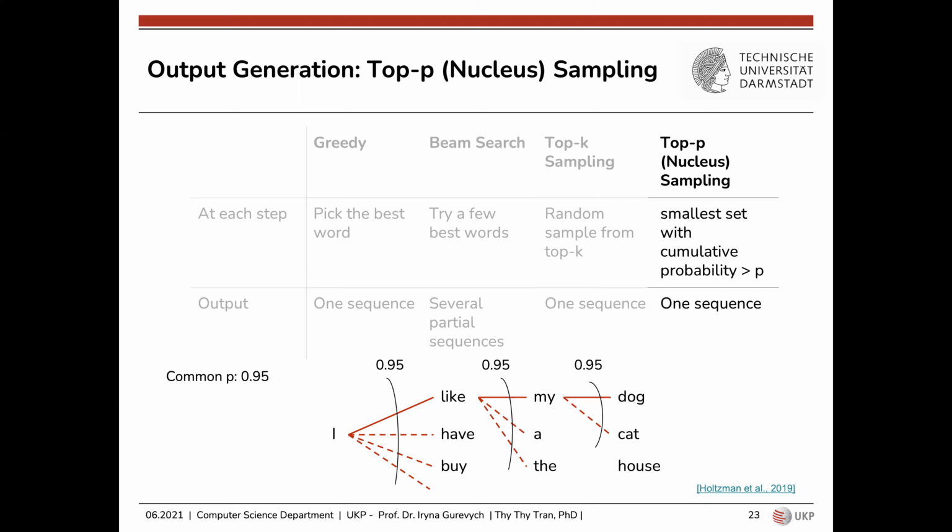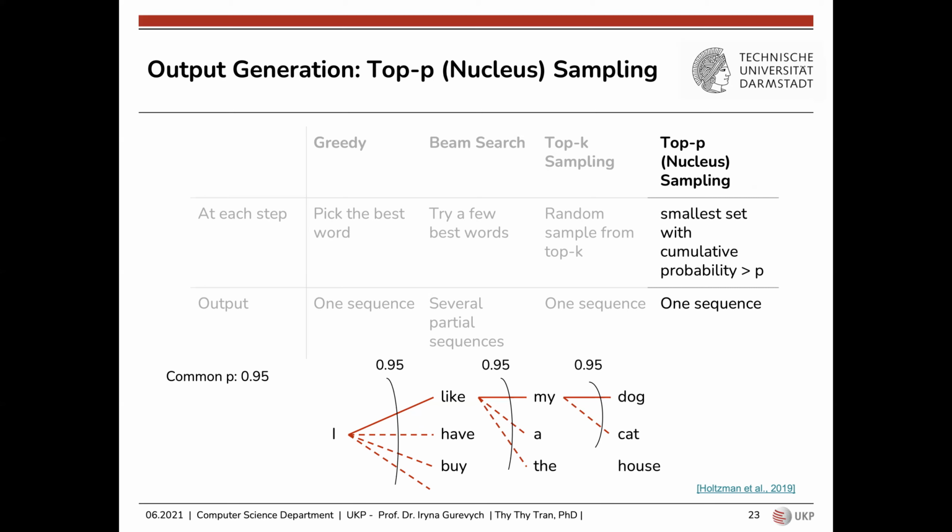So instead of using a fixed K number of tokens for sampling that may include unrelated tokens, why not depend on the predicted probabilities to find a set of tokens? So top-P sampling is proposed for this purpose. The idea is to select the smallest subset of tokens whose cumulative probability is higher than a predefined threshold.